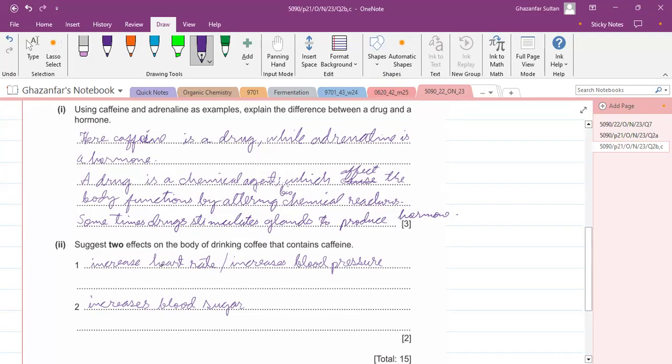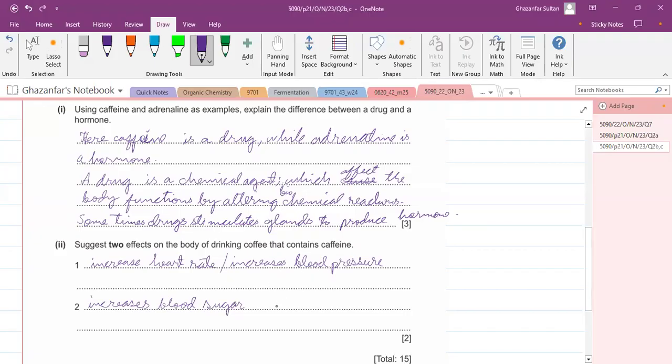So there are so many other effects as well. It dilates the bronchioles so that more air can enter the lungs. So ultimately, it increases the breathing rate as well.